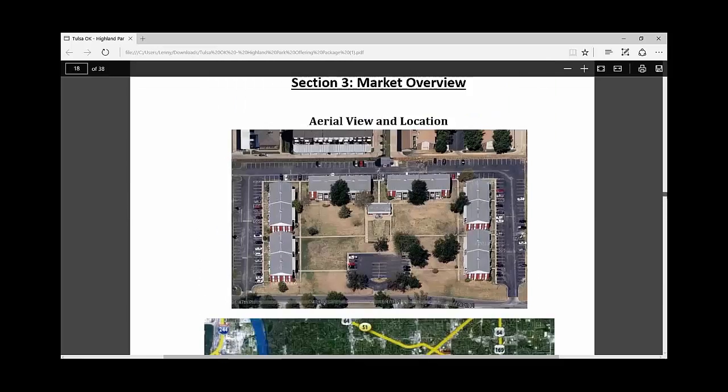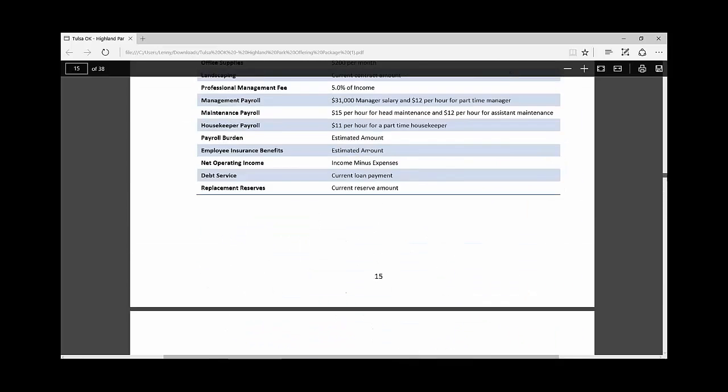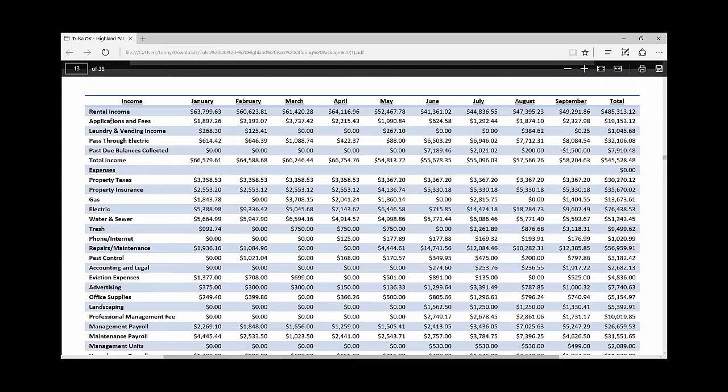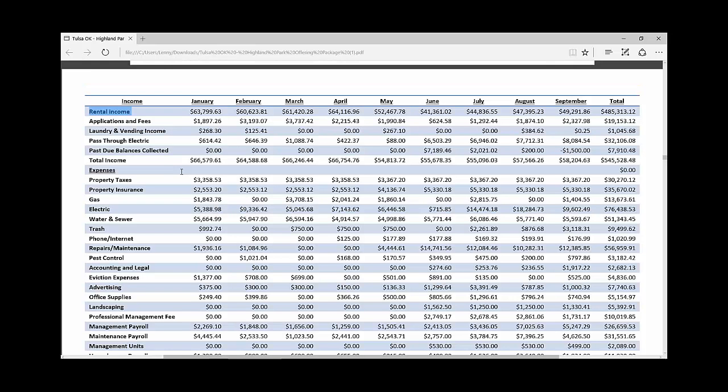I don't care about any of this stuff until I have the property under contract. Then it becomes very interesting to me. Look right here, the rental income on the property. This number is going to become very interesting for me when I add it in.